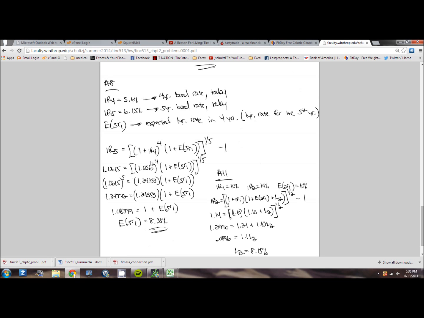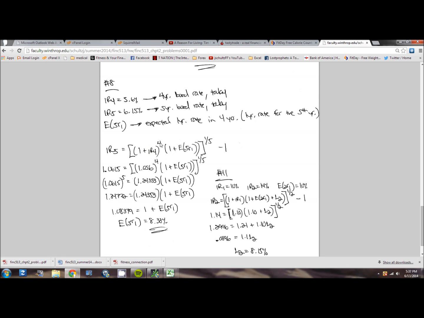So basically what this is saying is if I buy a 5-year investment today, it has to yield what a 4-year investment today would yield 4 times, because I'm going to hold that investment for years 1, 2, 3, and 4. That's why you see the exponent 4 here. Also multiplied by whatever the expectation is going to be of 1-year rates in 5 years.